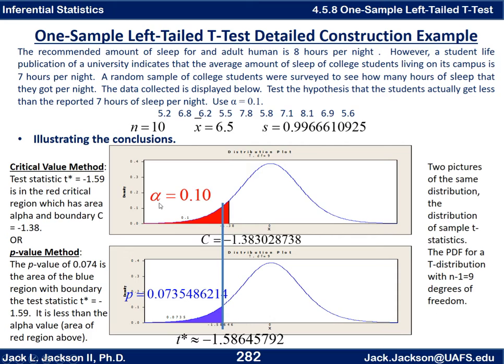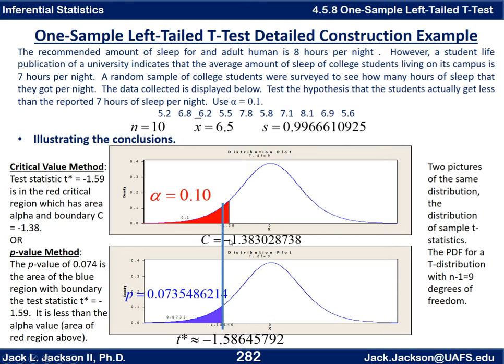On the top graph, we illustrate in red the critical region, and the red area is equal to the probability that x is less than this critical value, c, and that's going to be our alpha level. So the red is alpha. Now we compute the critical value, which is the boundary of this red region, and that was a negative 1.38 something. So that's the boundary right there.